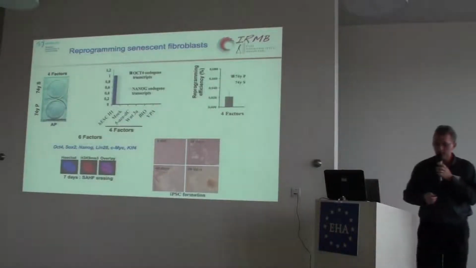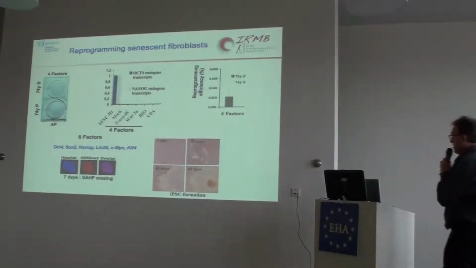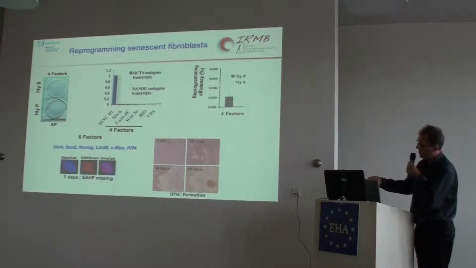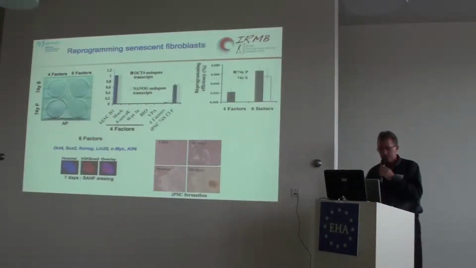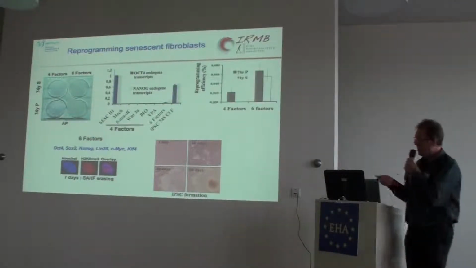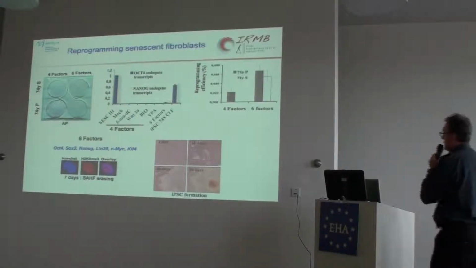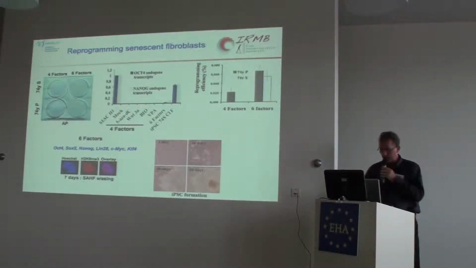So we mixed the 2 cocktails, and we reprogrammed with 6 factors, and one initial step was the reversion of the senescence, and then restarted proliferation and iPS derivation. After this, there was a very long characterization of the iPS, but interestingly, we had similar efficiency with the 6 factors from senescent or proliferative cells.